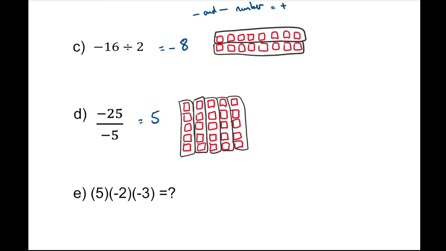So again, the double negative is where it gets tricky, where you actually have to convert that into basically 5 groups of +5.